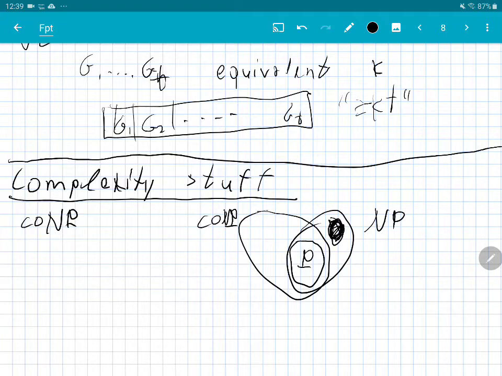Okay, now we can enlarge coNP by giving it some extra magical proof, and coNP/poly is the following class.